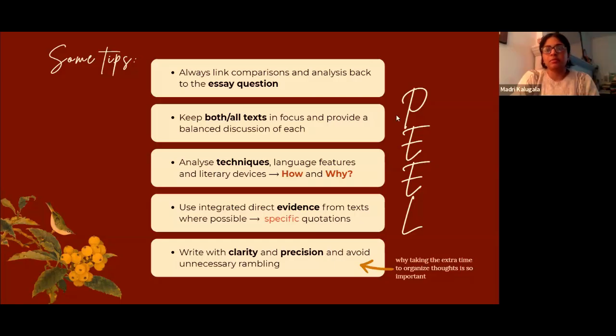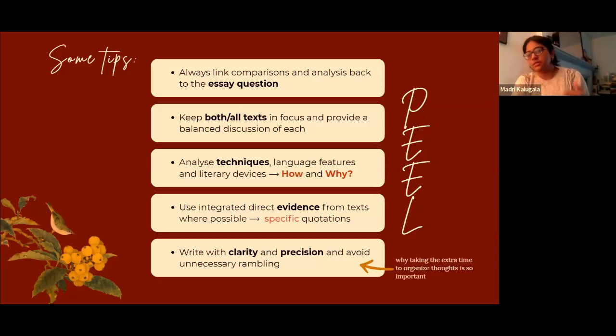Okay, so this is something for you guys to remember then. I'm going to tell you what the PEEL technique is, and this is something I want you to keep in mind as a visual image. I'm very big on visual images. As you can see, I'm all about connecting visual imagery and coming up with ideas and images. So keep this in mind as a way how you're supposed to answer a question.